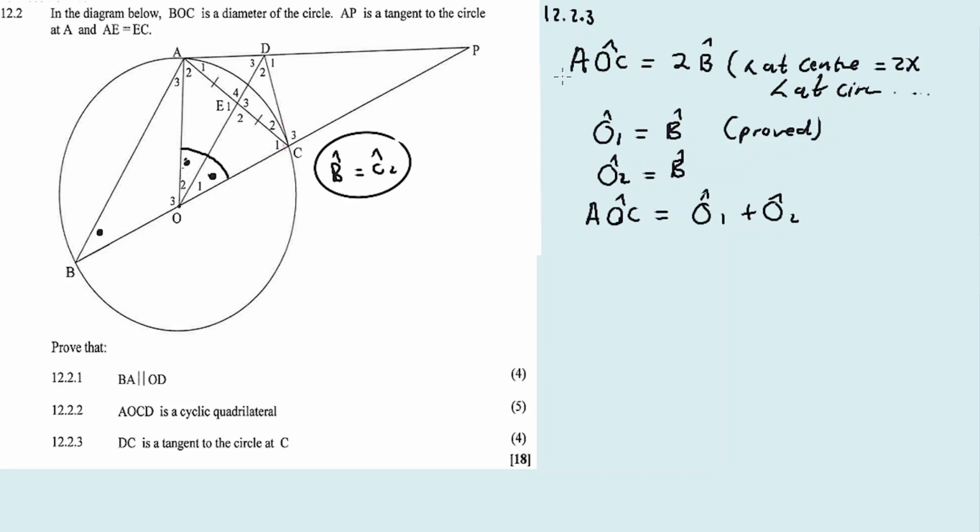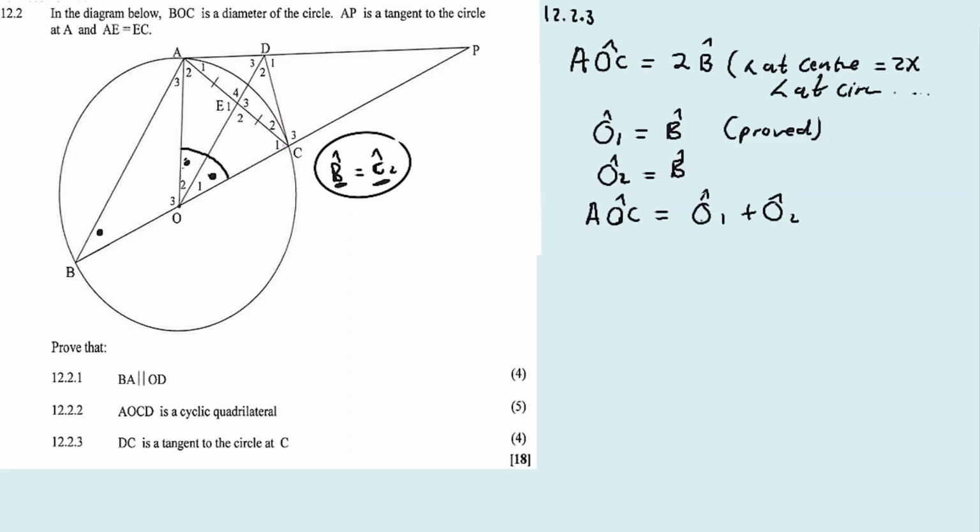And then AOC is equal to 2 times B, and O1 is equal to B. It means O2 is also B, because O1 plus O2 is equal to 2B, which is the same as AOC. Alright, where am I going with this? The aim is to prove what? That B is equal to C2.